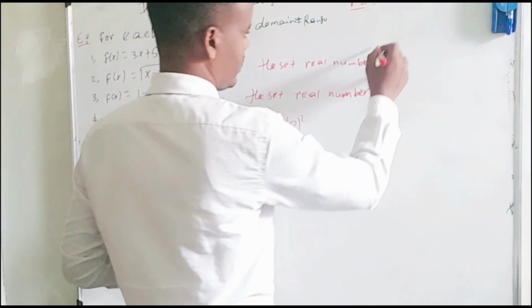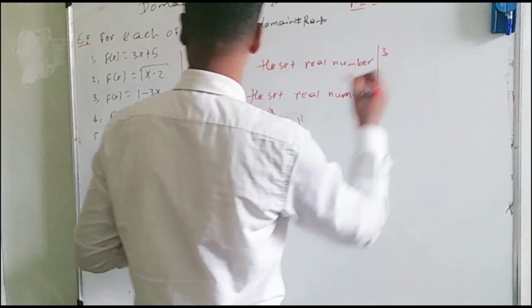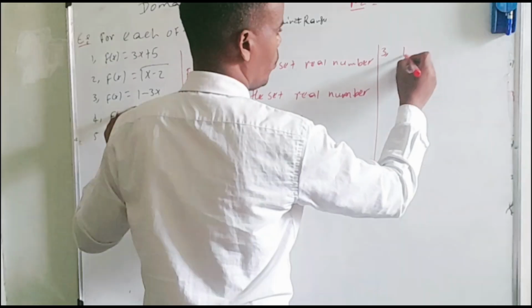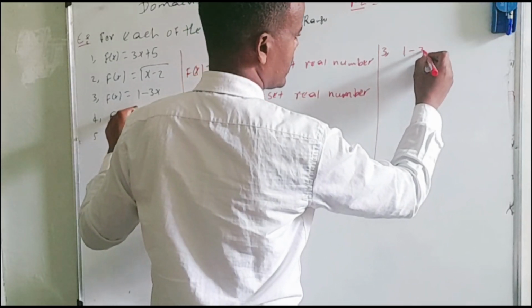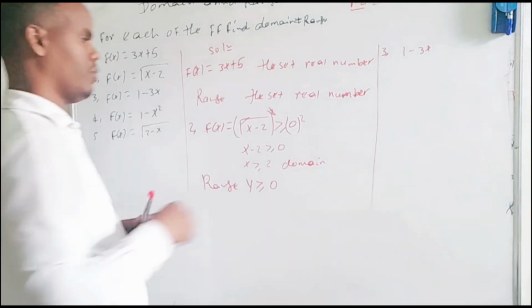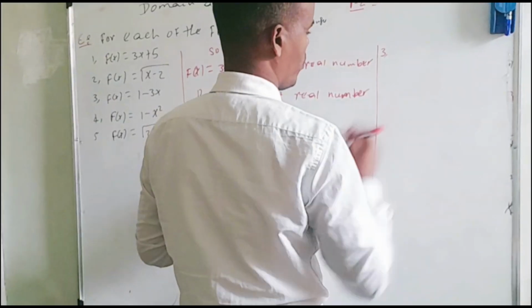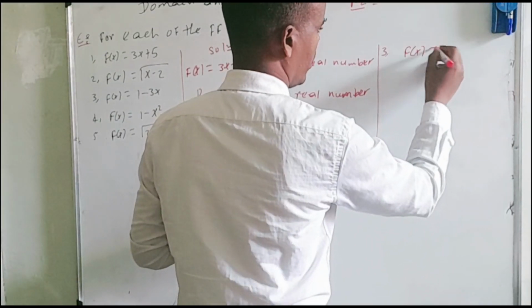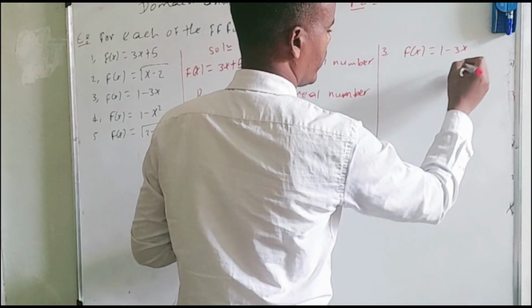Okay, the next is number 3: f of x equals 1 minus 3x.